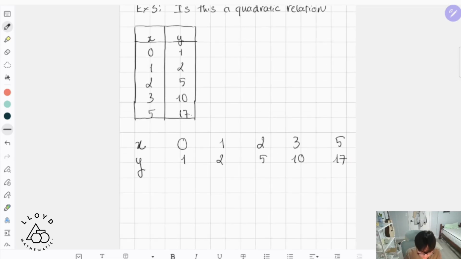So to calculate the second differences, we need to calculate the first differences first, right? So the first differences are 1, 3, 5, and 17 minus 10 is 7.